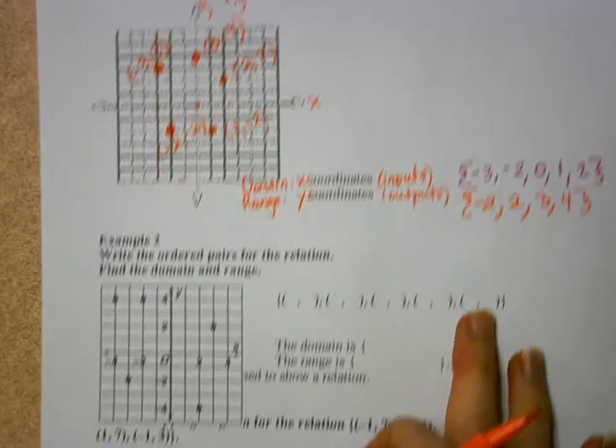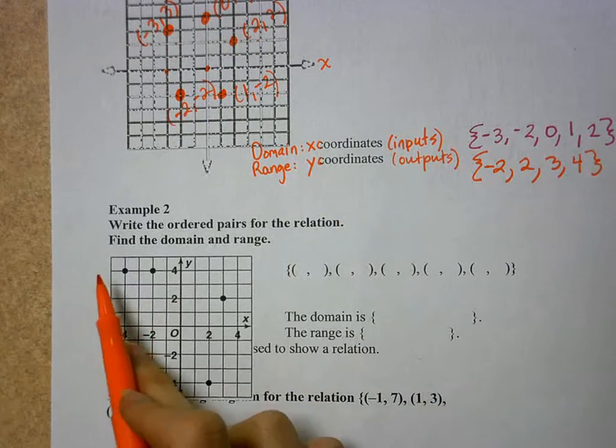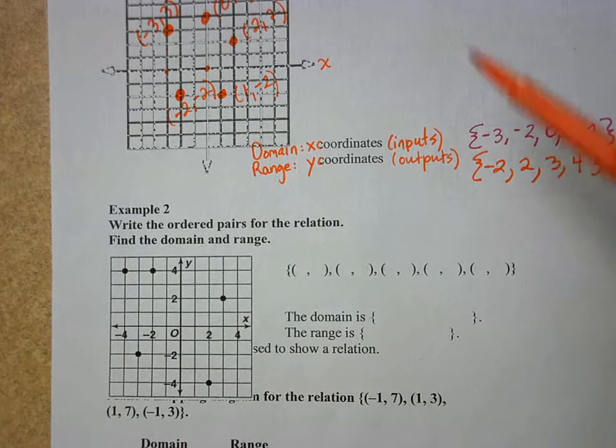Okay, try the next example. Write the ordered pairs for the relation, and then find the domain and the range. So we just did that.